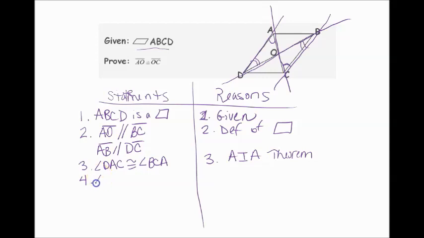And I can also then, if you look at these two parallel lines with this transversal, I can do this angle and that angle, and that's really helping me out on my road to getting those triangles congruent. So I'm now going to say that angle ADB is congruent to angle CBD, and that is because of the alternate interior angles theorem. All right, so now I got two angles. What else do I know about parallelograms?